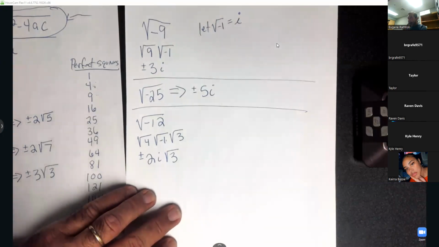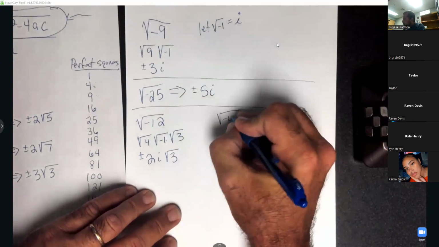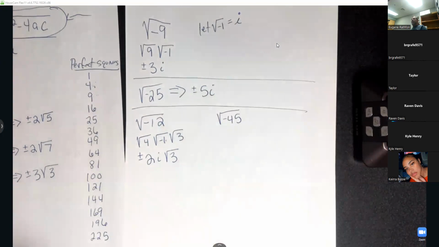Now let me let y'all try one. How about the square root of -45?